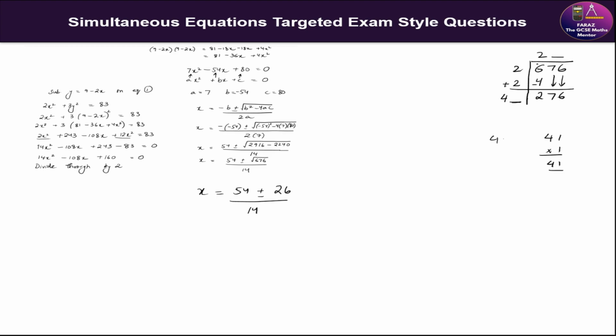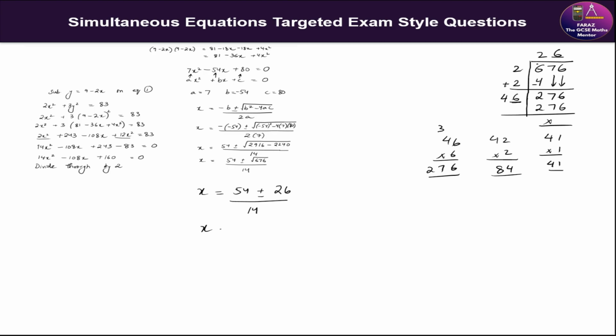So if I use 42 times 2, that is 2 2s are 4, 2 4s are 8, 84. It means that I have to use a number which will give me 276 there. So it is actually 46 times 6. You can check it now. 46 times 6. 6 into 6 is 36. 6 into 4 is 24. 25, 26, 27. So you have 46 times 6 is 276. So it's a quick technique to find the square root of a number without the help of a calculator.